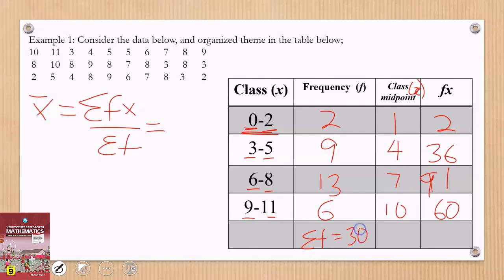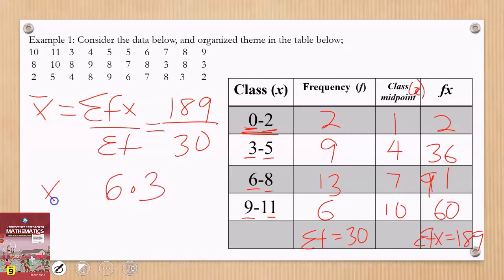So we have 30 here. Then we do the sum of fx. When we do the summation, we'll get 189. And so we have 189 divided by 30. When we do that division, it will give us 6.3. So our x bar, which is the mean, is 6.3.